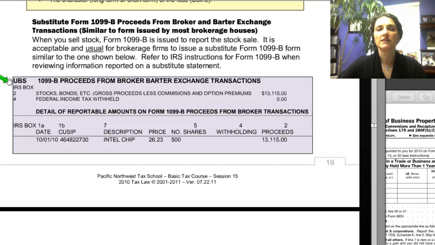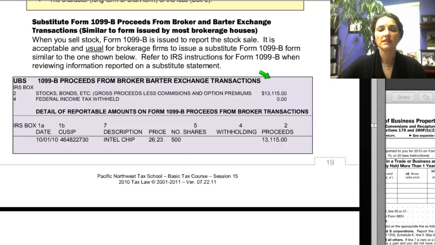So here we have a 1099-B, and I've essentially taken a look at a UBS 1099-B substitute. And this is typically what it looks like. It'll have IRS Box 2, stocks, bonds, etc., gross proceeds less commissions and option premiums. And it has an amount, $13,115.